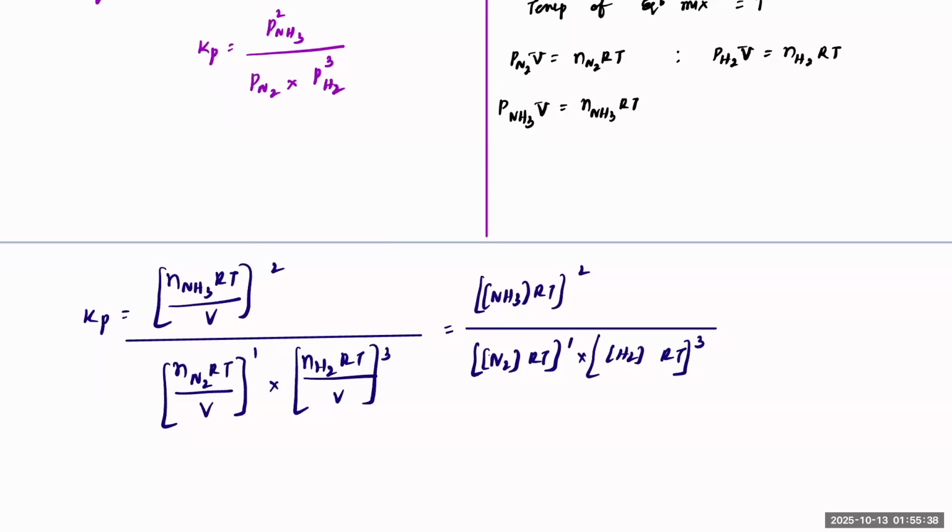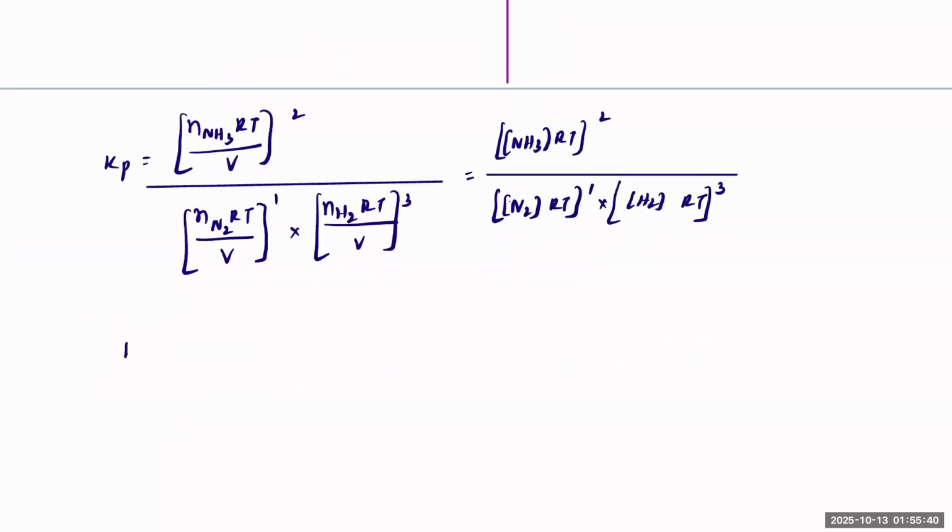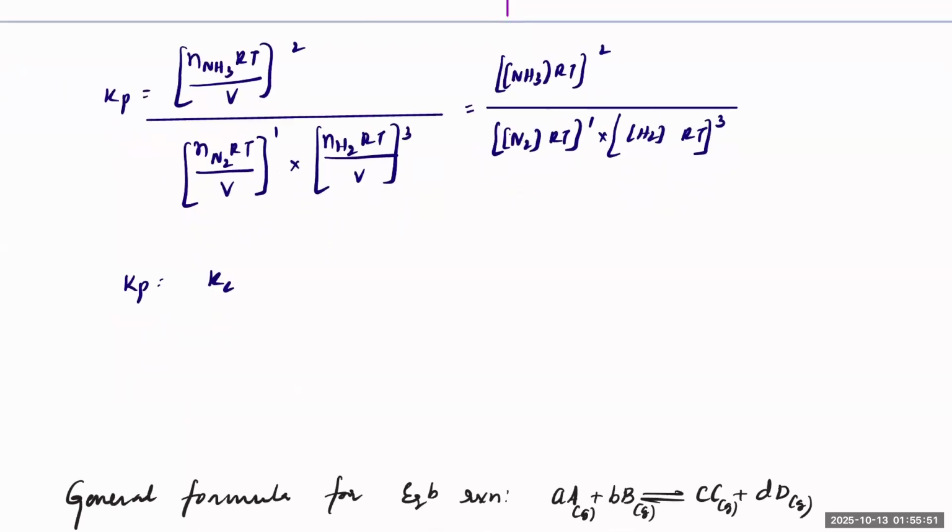So you can see that Kp is equal to Kc, because ammonia concentration squared by N2 into H2 cubed is Kc.